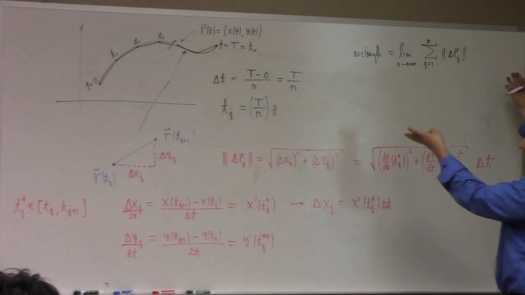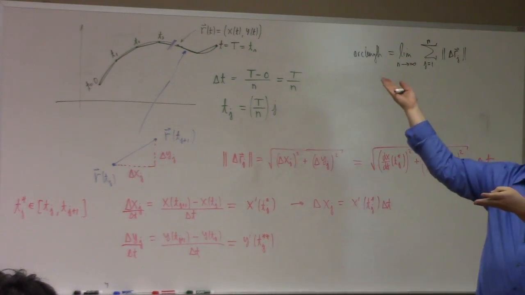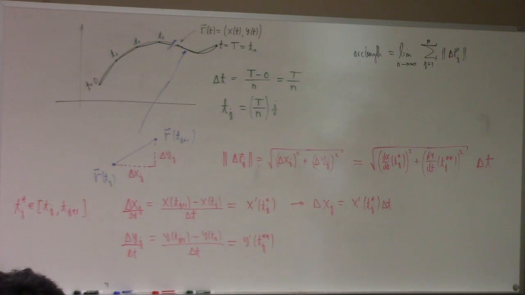This is just a geometric idea I have, which I think is reasonable. If you take the curve and chop it up into little line segments and let the line segments get shorter and shorter and closer and closer to the curve, it ought to describe the length of the curve.